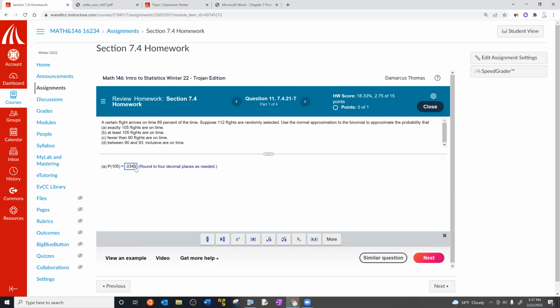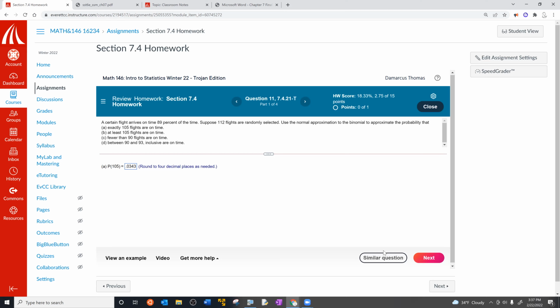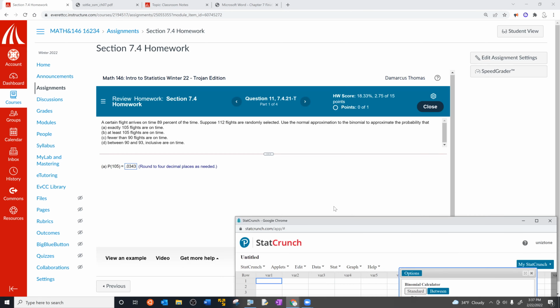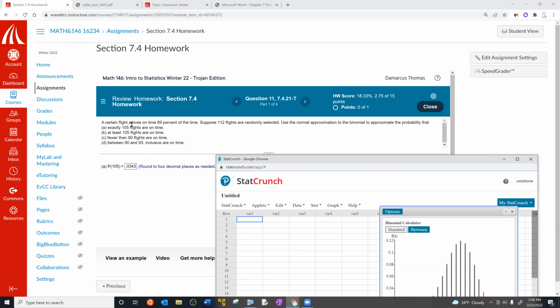Oh, they want us to use the normal approximation to the binomial.